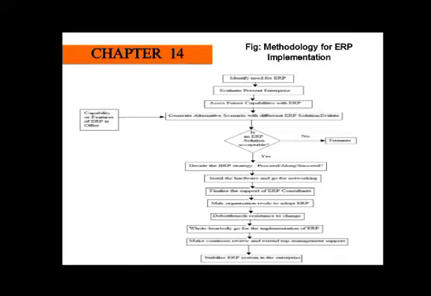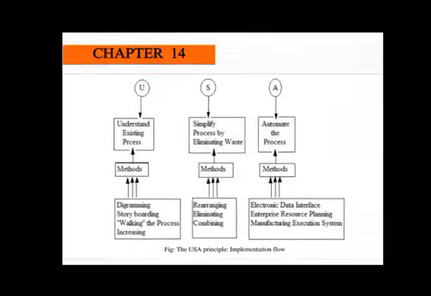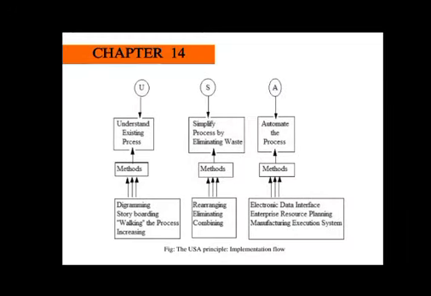Now, moving on, we have the principle for ERP implementation. As you can see, we have the USA principle for ERP implementation. So USA stands for a sequential approach. We have understand, simplify, and automate. The USA approach calls for dedicated effort towards understanding the business process.